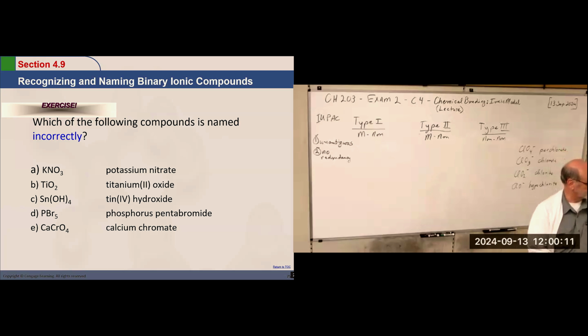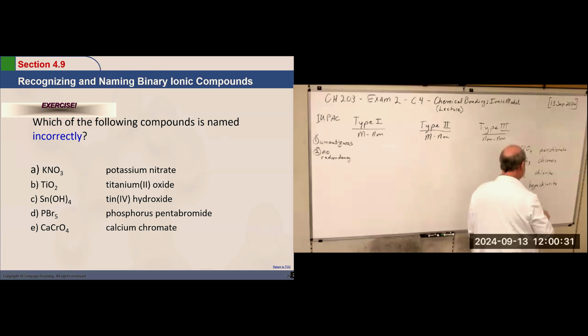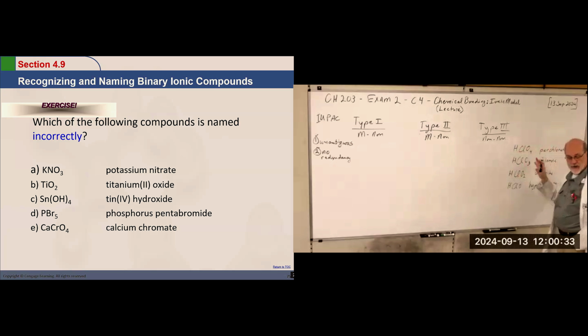Okay, now to make acids out of these, all you have to do is add a hydrogen. And then you take the name, since oxygen is present, we don't say hydro. We just take this name and ates become ic. So this is perchloric acid.